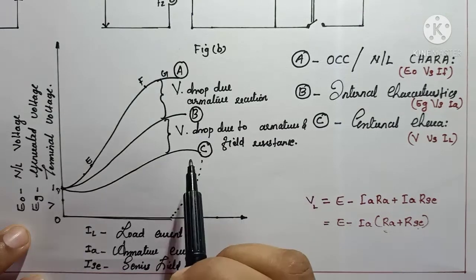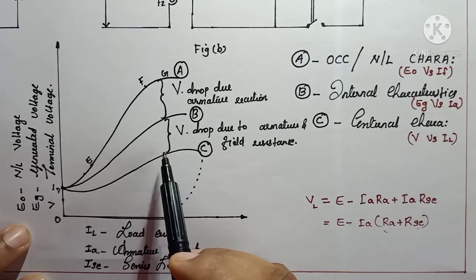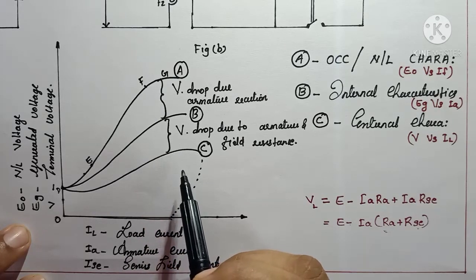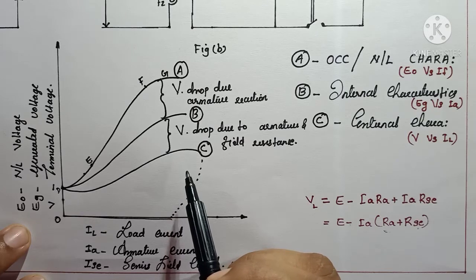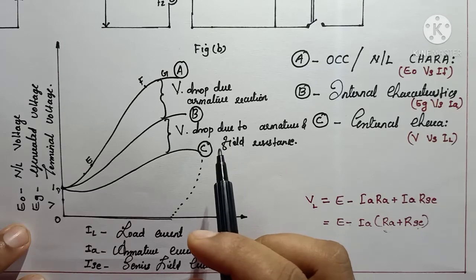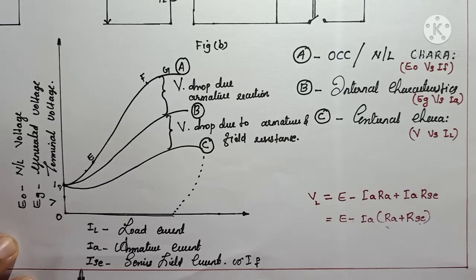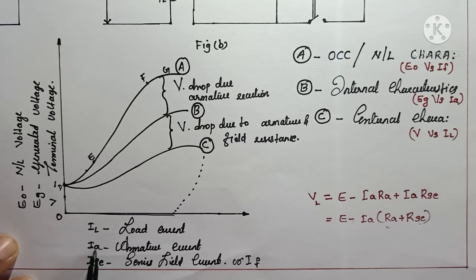So internal characteristics include the voltage drop due to armature reaction and due to the field and armature winding resistance. E0 versus IA will be the open circuit characteristics, EG versus IA will give you the internal characteristics, and load voltage with the load current will give you the external characteristics.